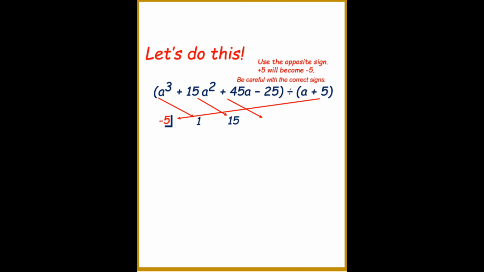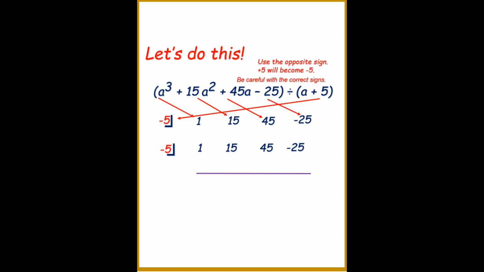Yep, you got it, 45. And the last one is negative 25, just like that. Then what's the next step? Let's copy it again, negative 5 and the symbol, and let's copy 1, 15, 45 and negative 25.